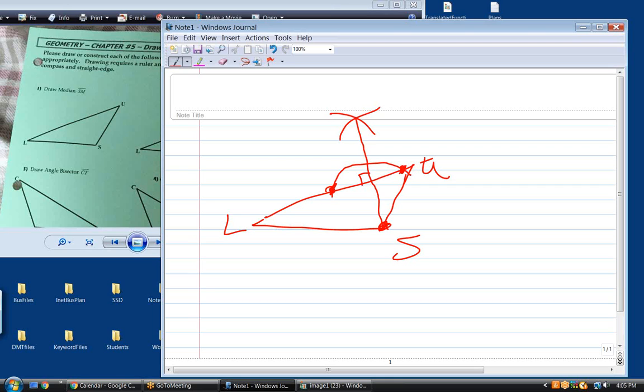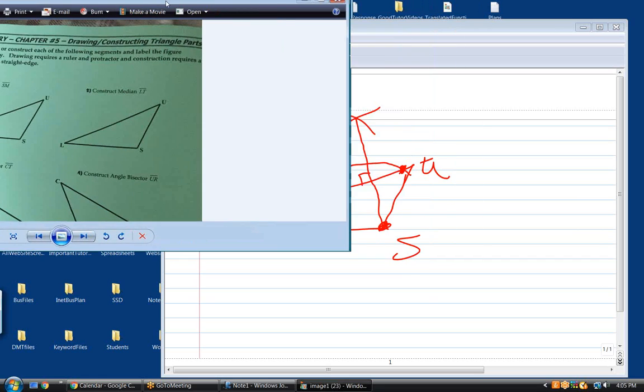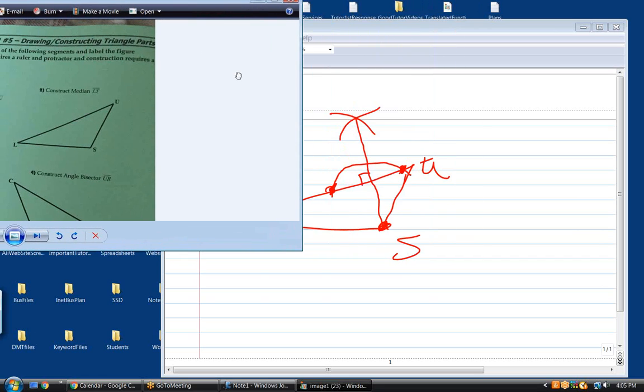Now, let's go to the next one. Construct a median LT. All right.